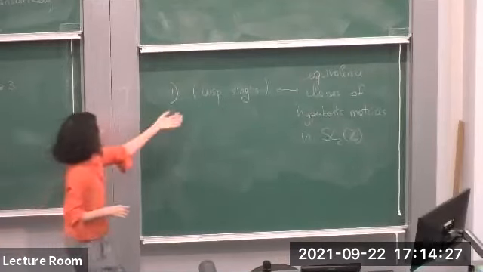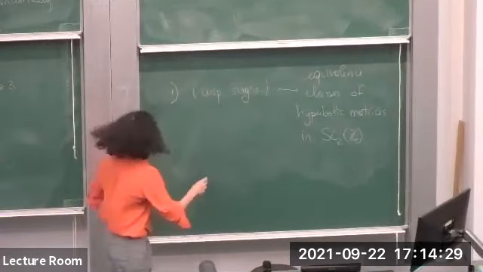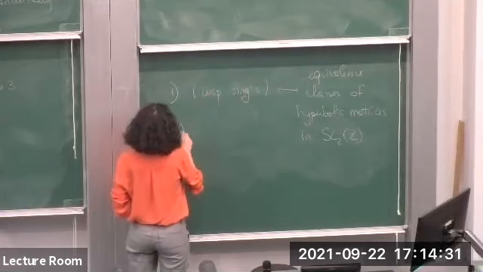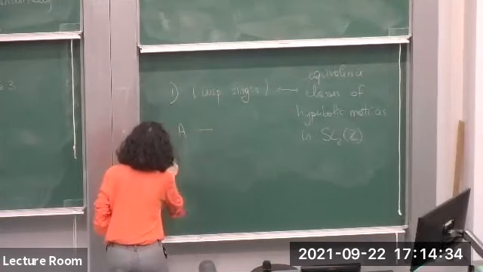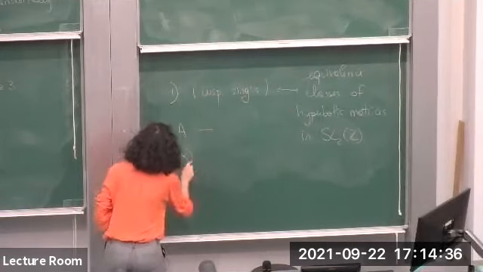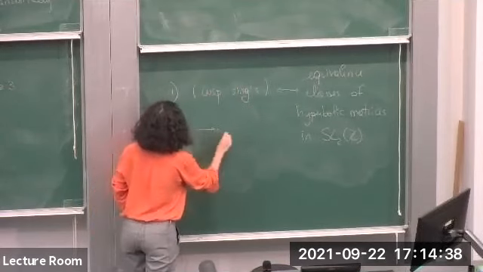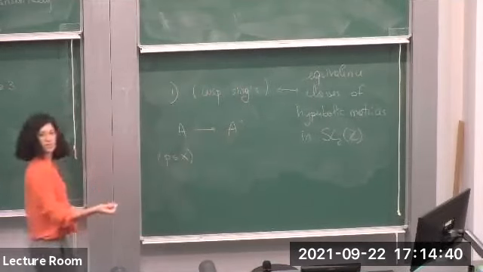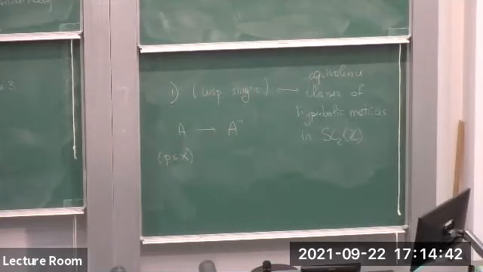And now using this bijection, if A is the matrix associated to P and X, then A inverse is what you're going to use to construct the dual cusp.